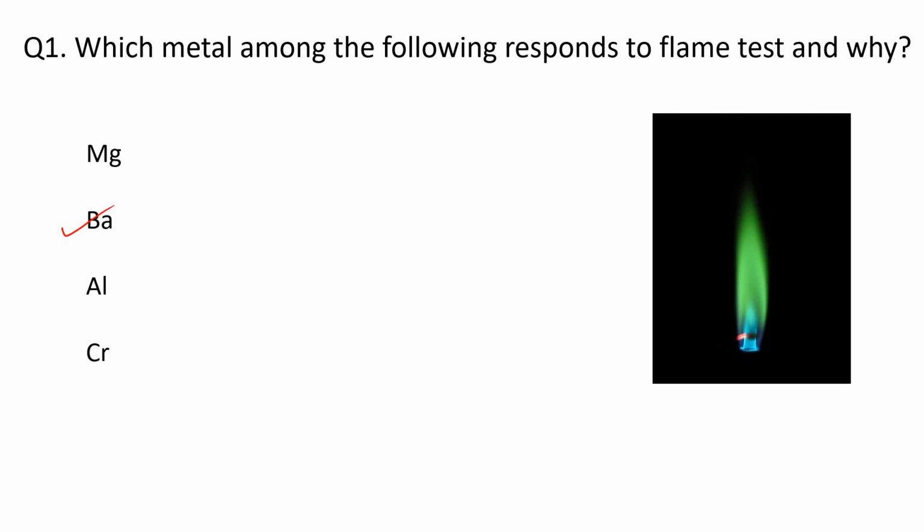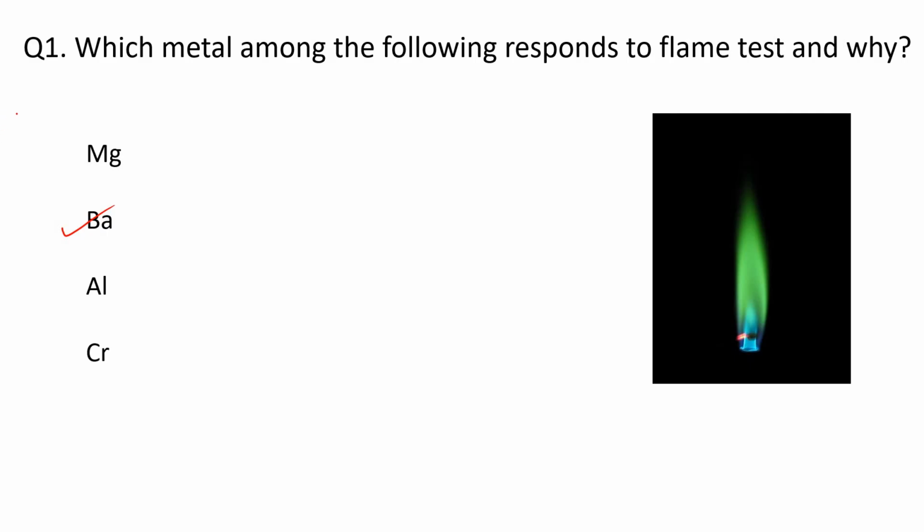For alkali and alkaline earth metals, the outermost electrons are loosely bound. So, by thermal excitation, electrons are easily excited. By coming back, we will get the coloration in the visible range.